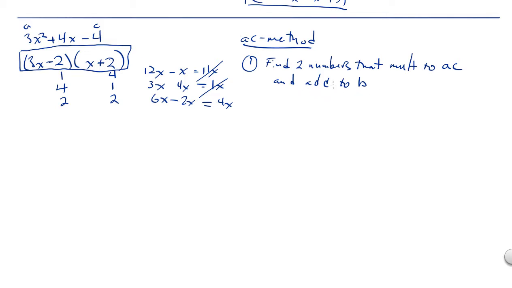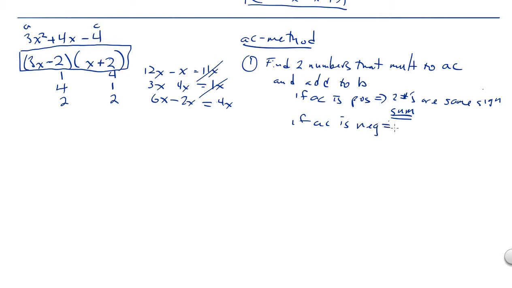And with all the same intuitions that we have already. If AC is positive, then the two numbers are the same sign, which means we're looking at a sum, a flat sum. If AC is negative, then the two numbers are different signs.